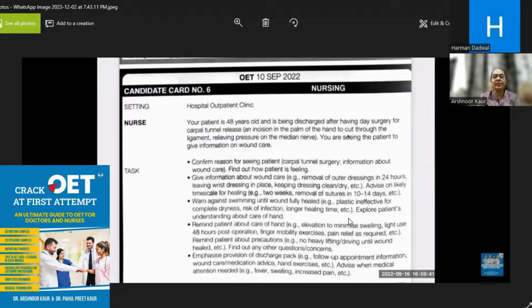For example, in this case, first of all, how to address the patient. As the patient is in the clinic and you're going to discharge the patient, you have to give the information that, Harry, you are being discharged now, but there are some important instructions to be given. I'm going to give them to you right now. Then you can tell about the dressings to be done, taking care of the wound, and important instructions to be followed afterwards.